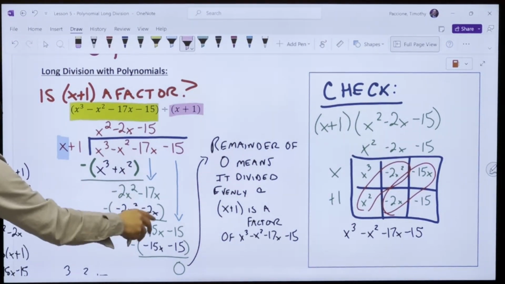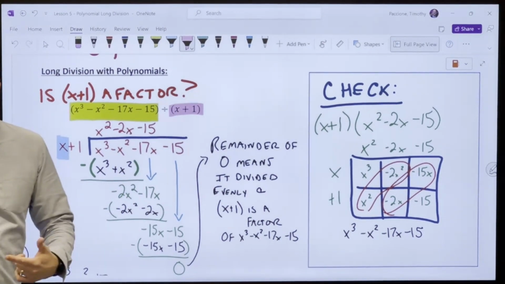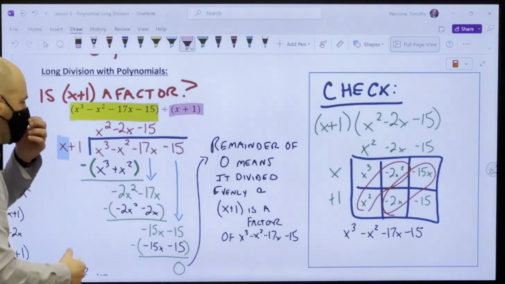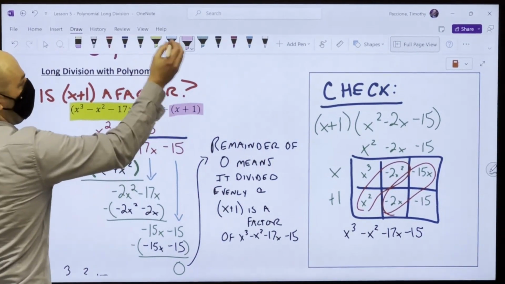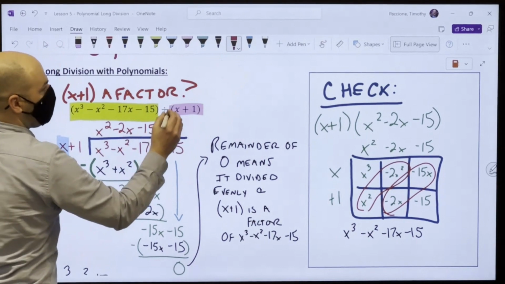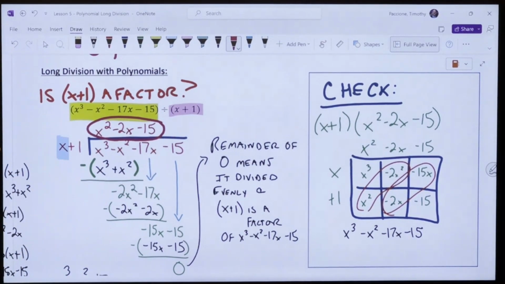So we're going to talk about this process in a second, but we got to be solid on the concept. What are we doing, okay? If I divide this by this, the result that I get, this result right here, it's not just my answer. Remember when I talked about long division, it tells you more than one thing.